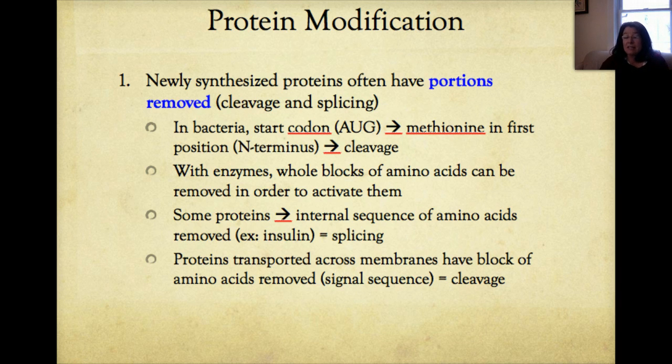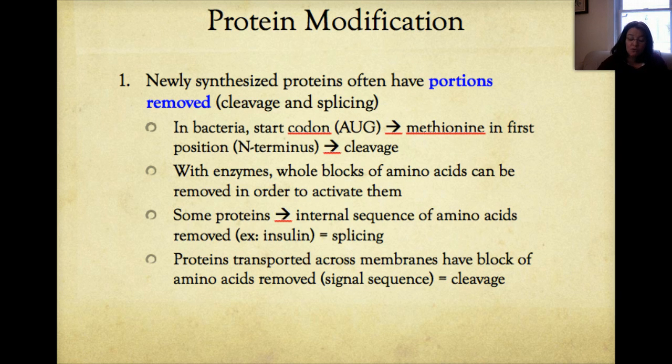One is called cleavage, and the other is called splicing. And the only difference between these two is whether or not you're talking about a portion on the ends of the polypeptide being removed, or a portion in the middle of the polypeptide being removed. If it's removed from the ends of the new polypeptide, that's what we call cleavage.